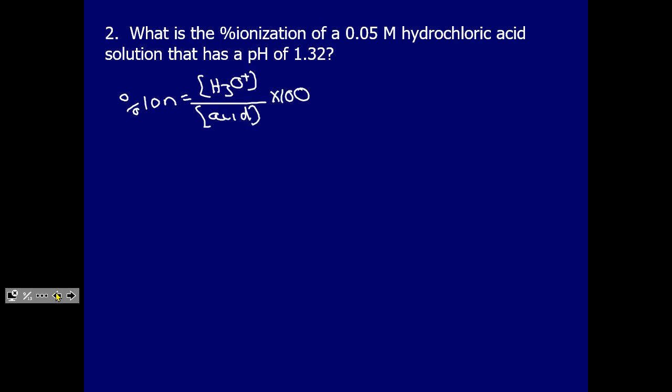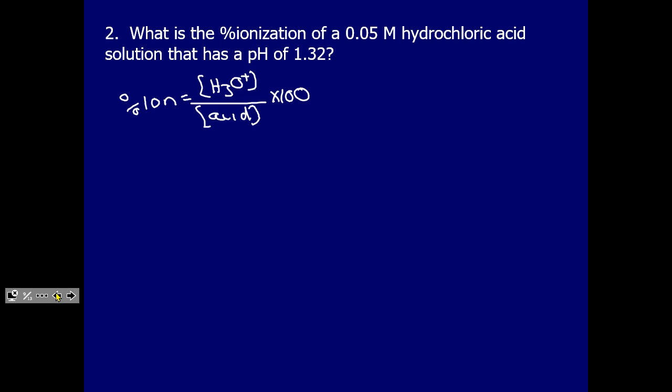So I know the bottom. Where am I going to get the H3O plus from? Nope, that's the concentration of the acid, so I'm not getting it from that. What's that? The pH. The pH is the H3O plus.